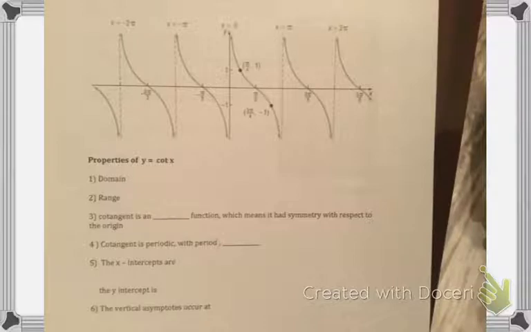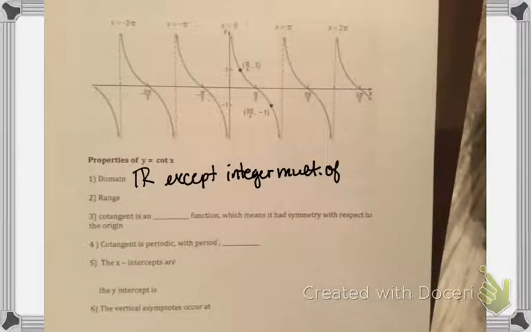The domain is going to be all real numbers except integer multiples of pi, because that's where all the asymptotes are at. The range is negative infinity to positive infinity, so it's just like tangent that way. Cotangent is an odd function, meaning it has symmetry with respect to the origin. And cotangent is periodic with a period of pi, so it's just like tangent.